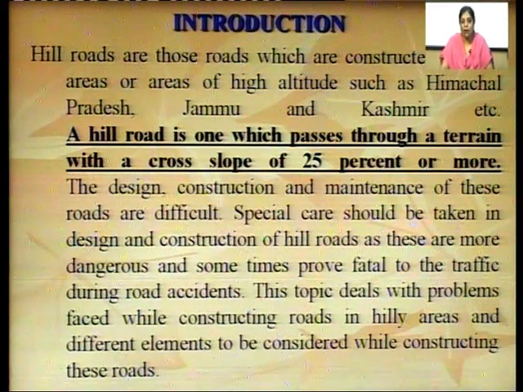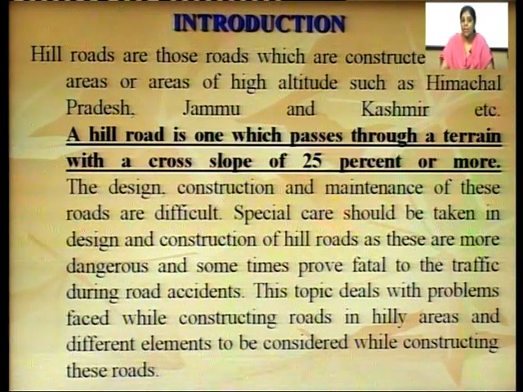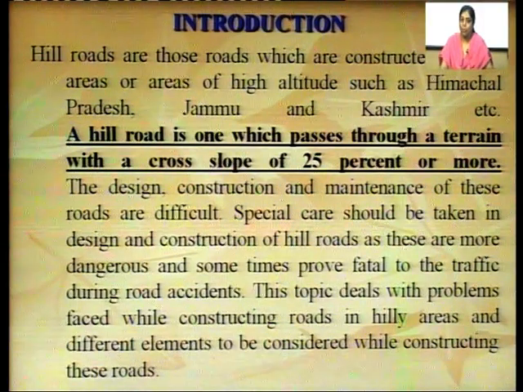But here in hill roads, there is a cross slope. There is a slope which is in a perpendicular direction to the length of the road. So, that is called cross slope, and if that cross slope is more than 25%, then we classify that road as a hill road.